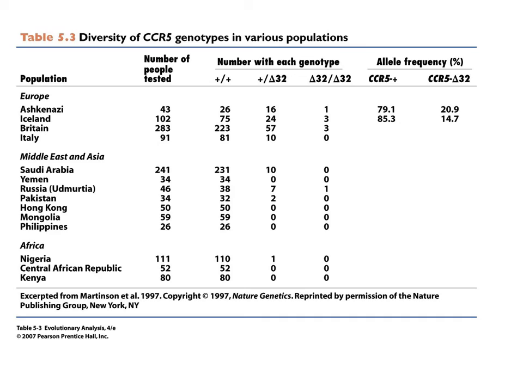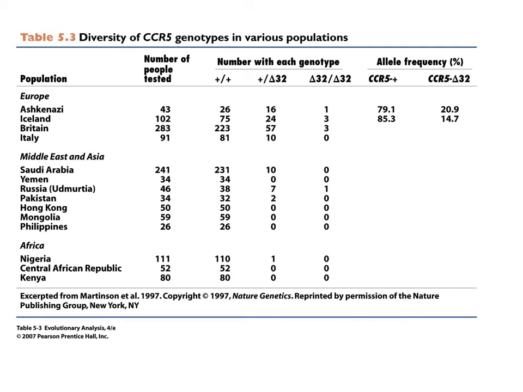So how you get the allele frequency that you see in those last two columns: there are a couple of different ways of calculating it, and the book goes into the two different ways. This is the way I think is the easiest: envision that population of 43 individuals is really a population of 86 alleles, because each individual has two alleles at that particular gene.